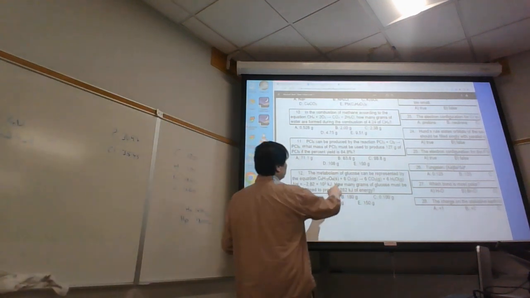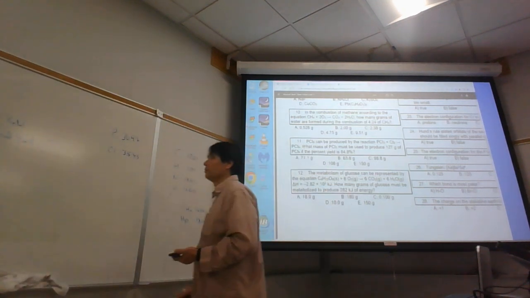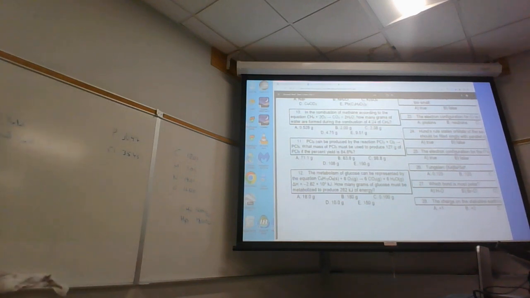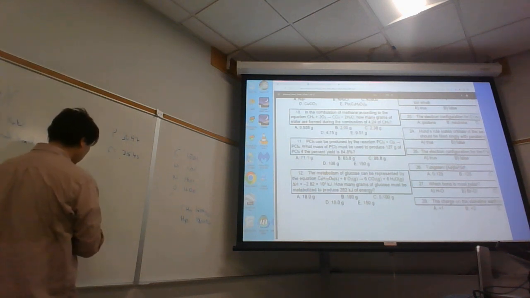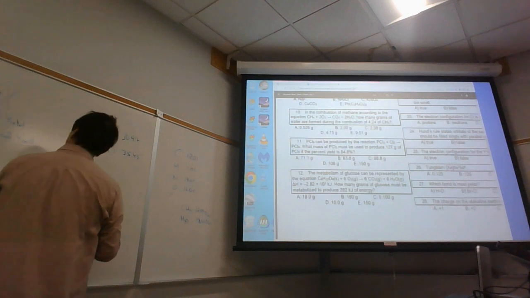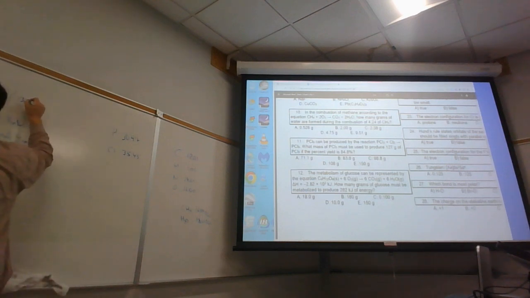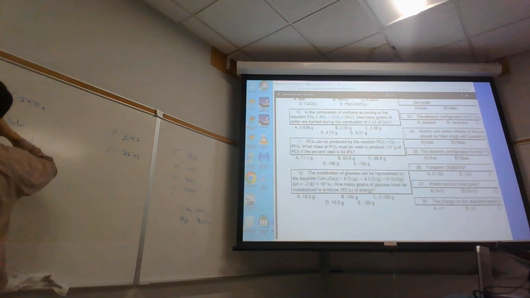It's a 1-to-1 mole ratio, so 1 mole of PCl3 for every 1 mole of PCl5. And then we need the molar mass for PCl3. So it's going to be 35.45 times 3 plus 30.97, which is 137.32 grams PCl3 per mole.